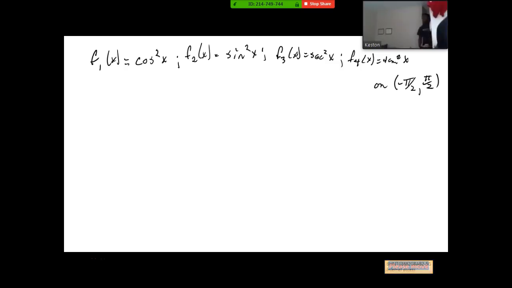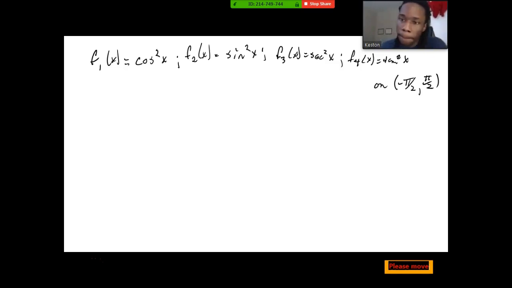They have vertical asymptotes at the half pi's. Completely vertical asymptotes. There's no way those will ever be continuous there. So that is your interval, -π/2 to π/2.